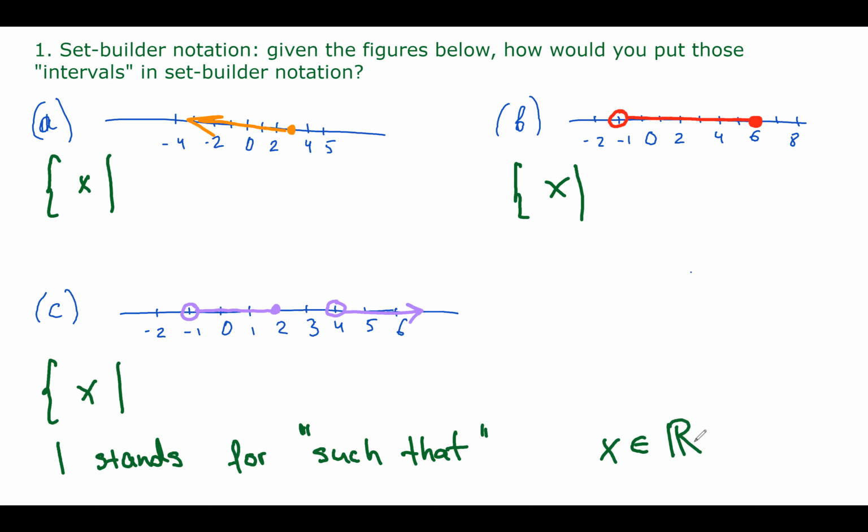Now, what are the real numbers? 1 is a real number, -2 is a real number, 2.5 is a real number, square root of 7 is a real number, negative square root of 2 is a real number. All those numbers that we can think of, not complex numbers. We will talk about the complex numbers just a tiny bit if I remember correctly. So the R stands for real numbers.